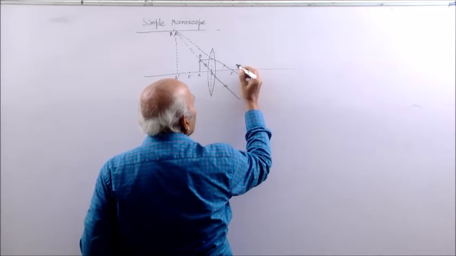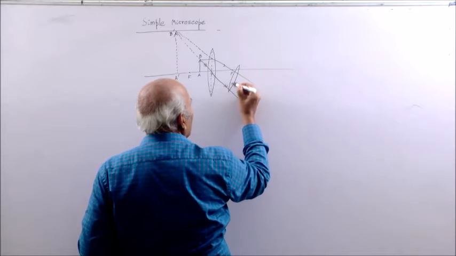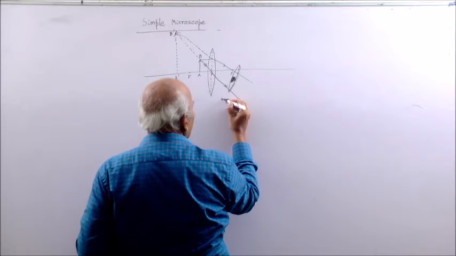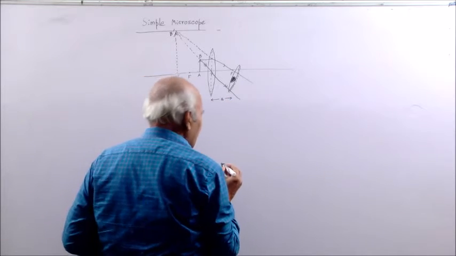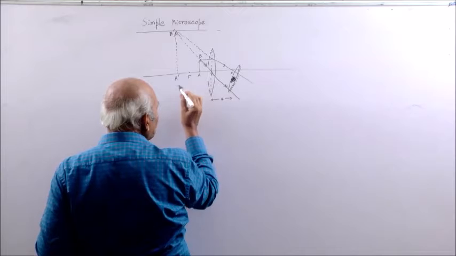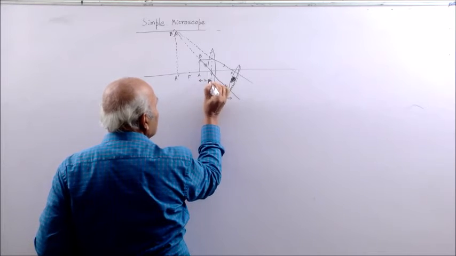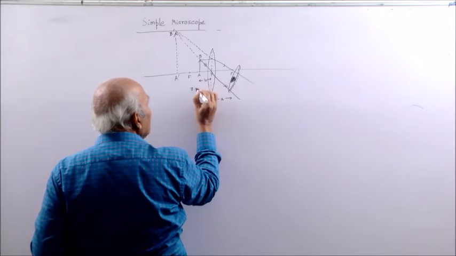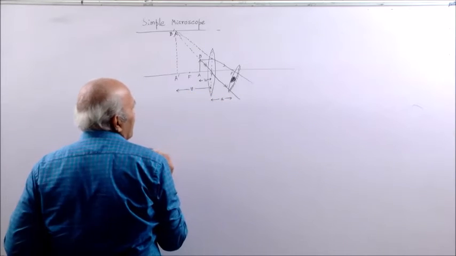Suppose the eye is not kept very close to the lens. Suppose this is the eye and it is kept at a distance, say A, from the convex lens. Then what will happen? You see, object distance is U, that is here, and image distance is V.